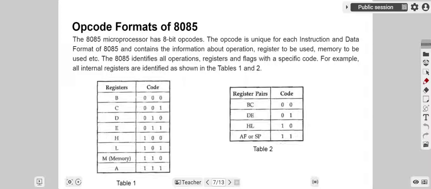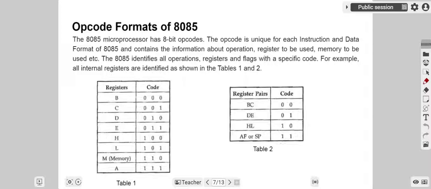But for convenience we indicate a memory address using only 4 hexadecimal digits, that we already know. Similarly, for convenience we indicate registers as A, B, C, D, E, H and L. This is only for convenience.